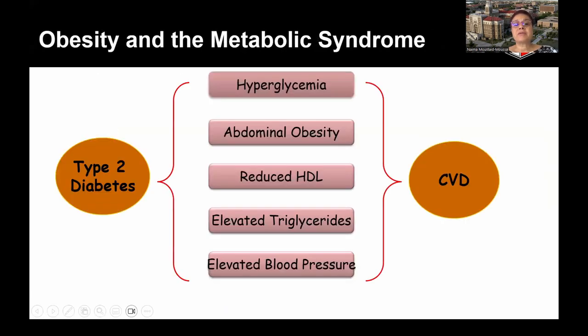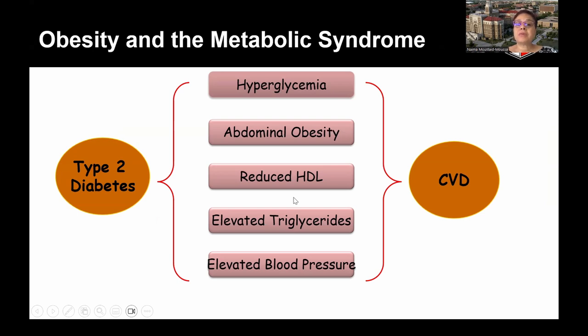So now moving on to, again, how obesity is associated with metabolic diseases. Obesity can lead to what is called the metabolic syndrome, which is a cluster of conditions that include hyperglycemia, diabetes, of course, abdominal obesity, dyslipidemia with high triglycerides, and high blood pressure.